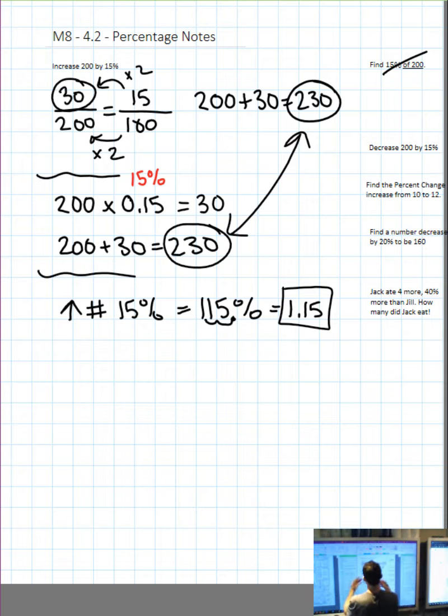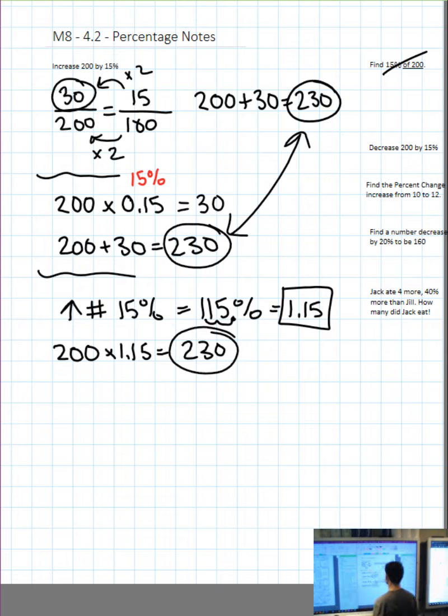Now, instead of doing all this math above, couldn't I just take the given information, 200, and if I want to increase it by 15%, I'm going to make it 115% of what it used to be. So I can just simply multiply by 1.15. And 200 times 1.15 is 230.